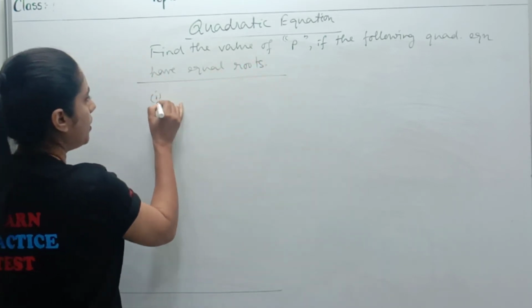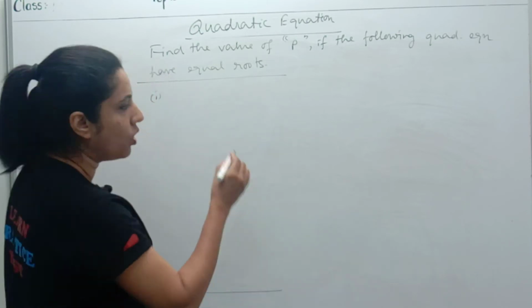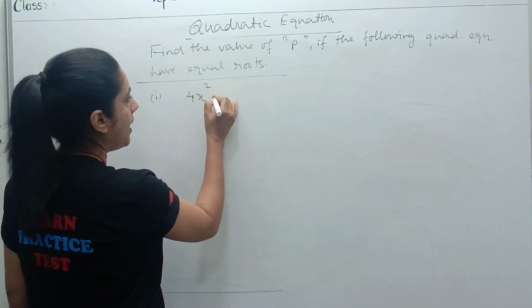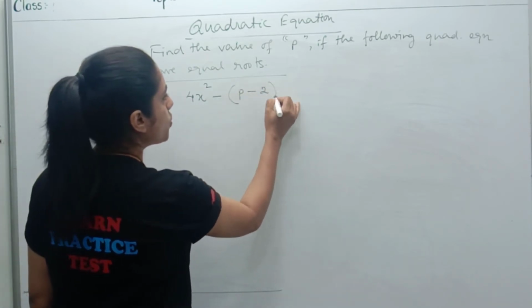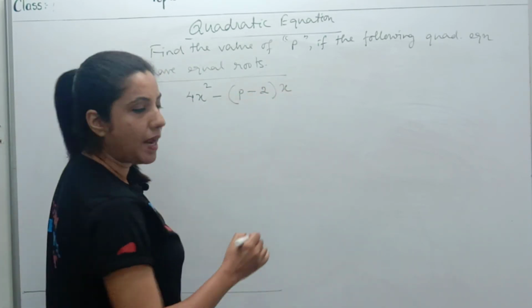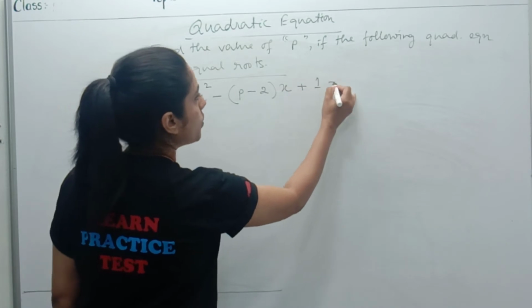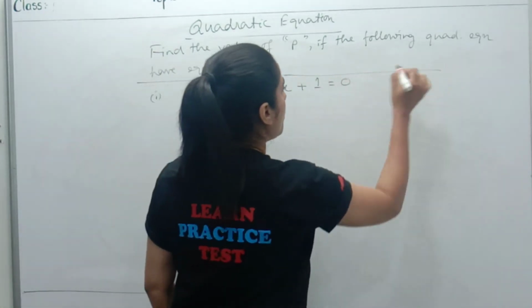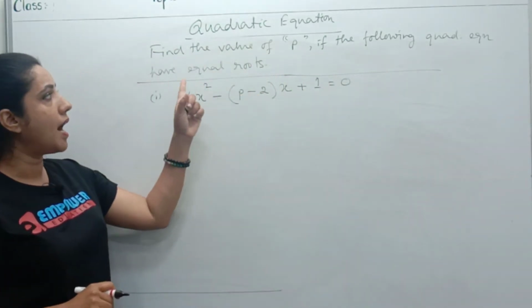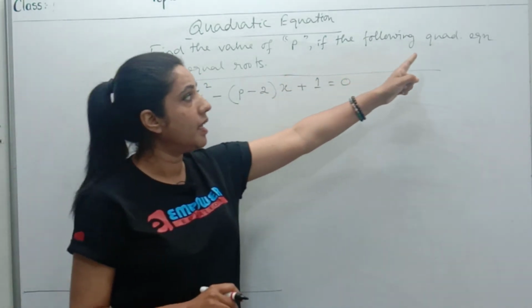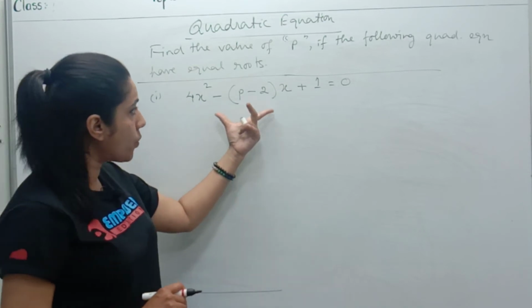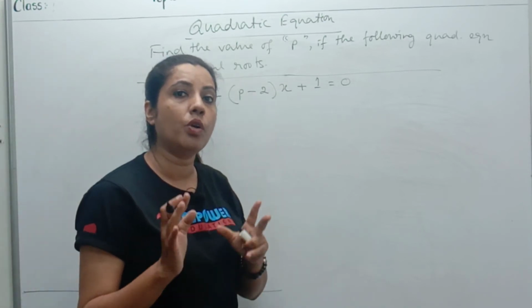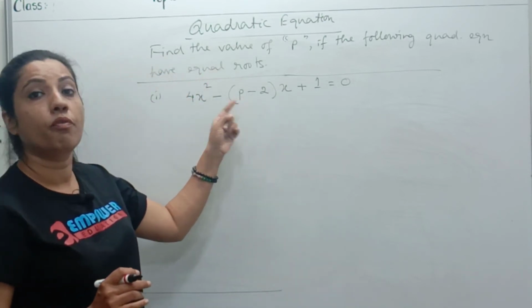And they have been given the first question as 4x square minus p minus 2x plus 1 equal to 0. They said that the following quadratic equation have equal roots. That means this quadratic equation already have equal roots and we need to find out the value of p.